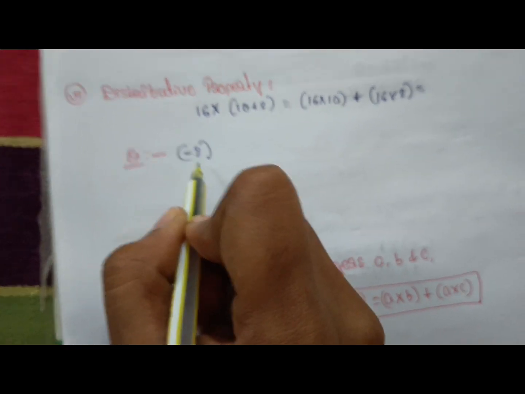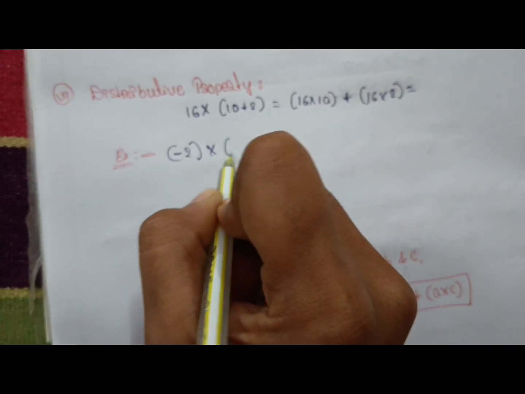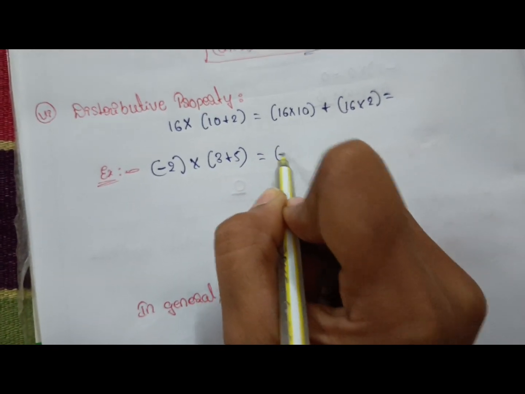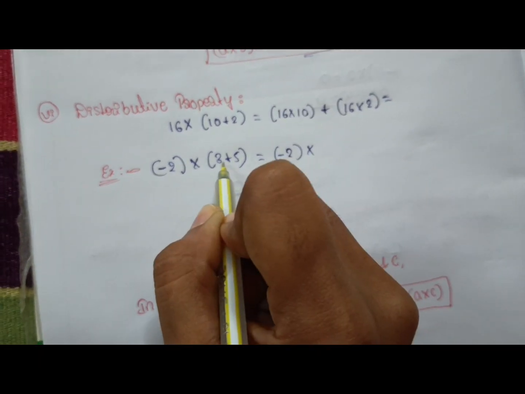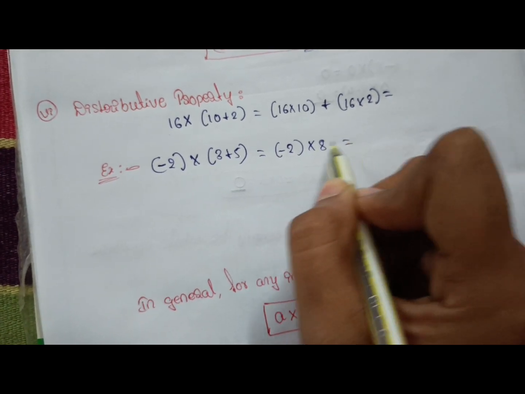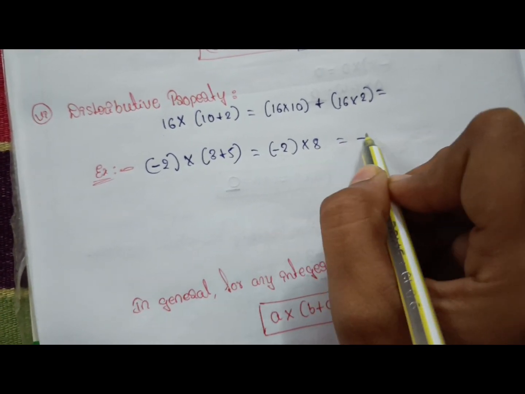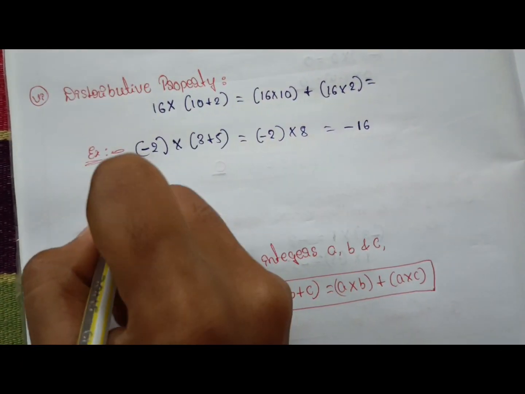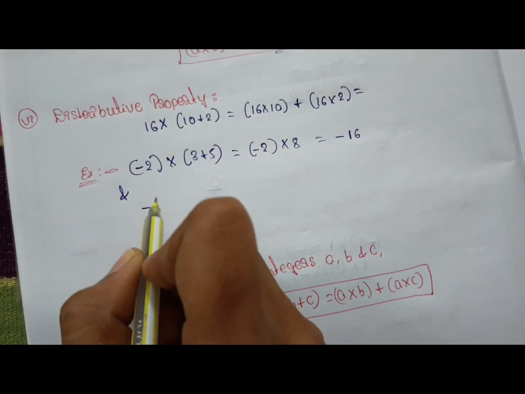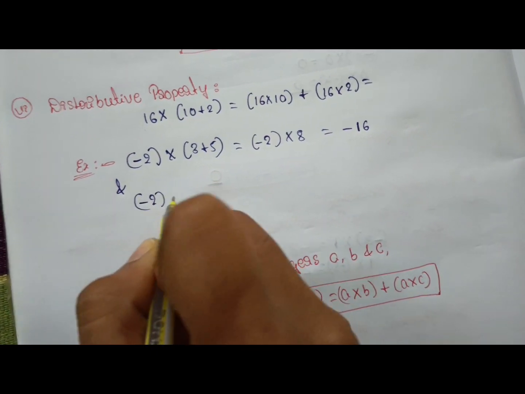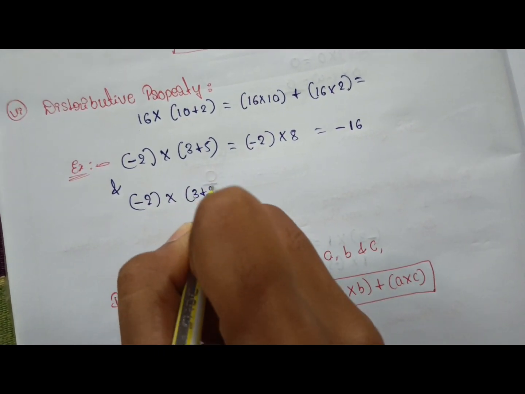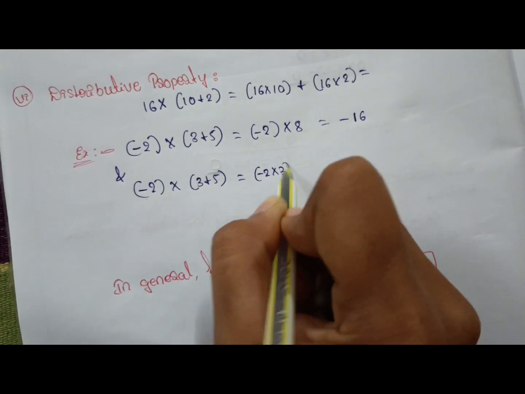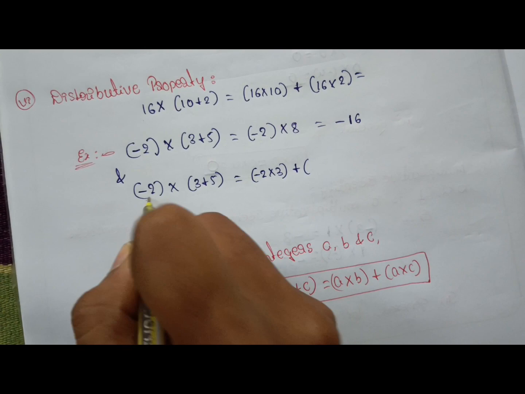Minus 2, it is a negative integer, into 3 plus 5. This is equal to minus 2 into 3 plus 5, 8. This is equal to minus into plus minus, 8 2 is a 16. And by applying distributive property, minus 2 into 3 plus 5 is equal to minus 2 into 3 plus minus 2 into 5.